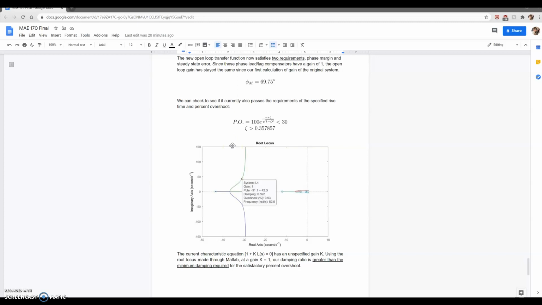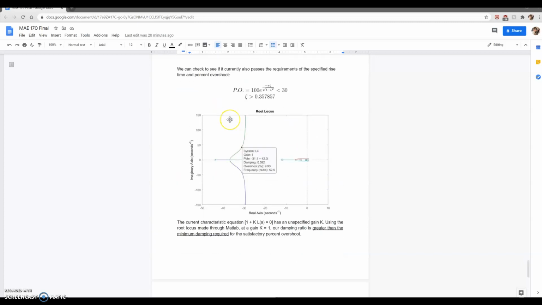And then looking at the root locus, at this point where the gain is 1, because we didn't solve for another gain for the closed loop system, our damping is at 0.592 at this point. So without solving for another gain, the damping ratio is satisfactory, so the percent overshoot is okay.